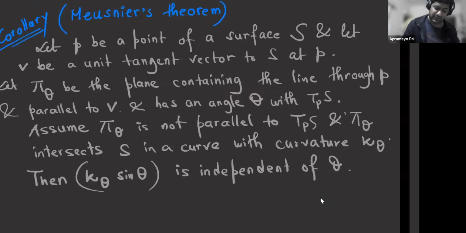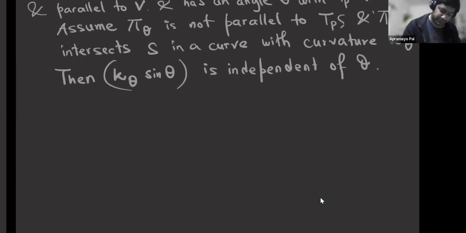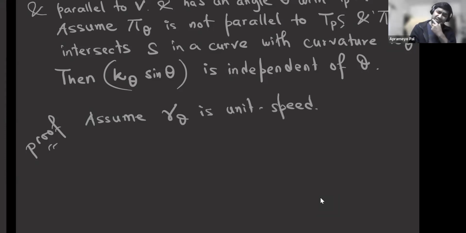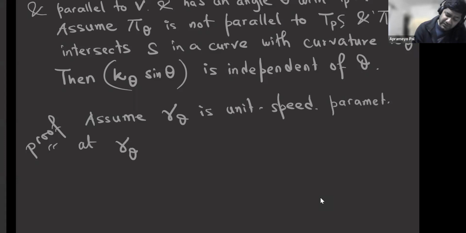But let me give the formal proof. Proof: assume gamma theta is unit speed without loss of generality. Otherwise, you can take the unit speed parameterization. Then, by definition, gamma theta dot is plus or minus v, because that's the unit tangent vector.